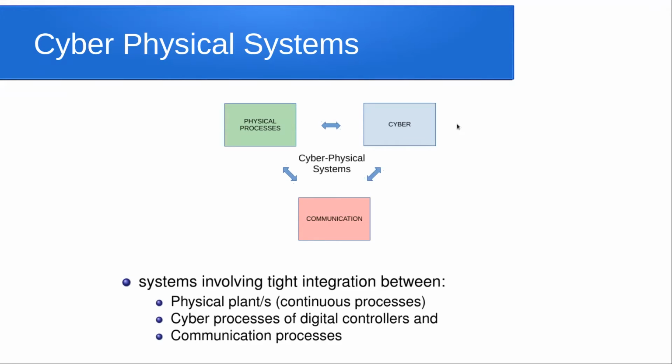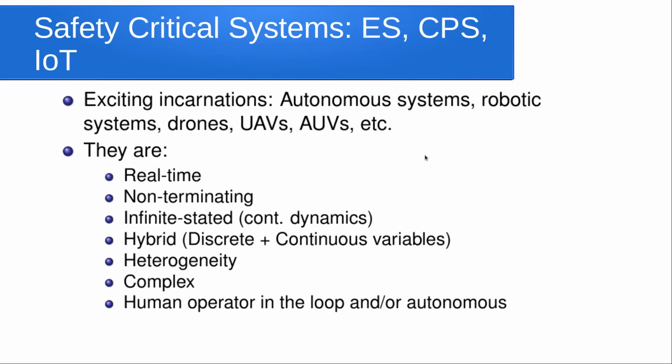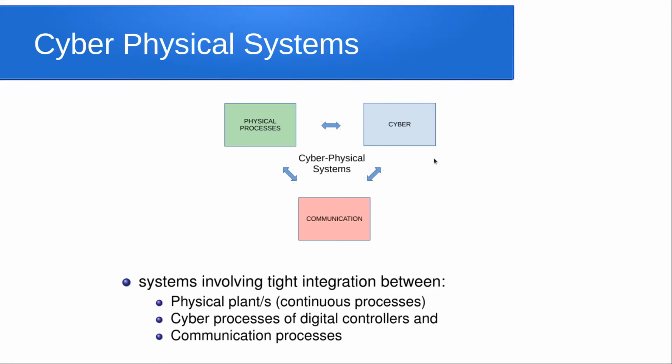So a cyber physical system generally has physical processes corresponding to the plant as well as physical consumption of energy resources by the processor, which is the digital part. And then there are cyber parts corresponding to the digital processor and digital processes, including the program, which is also a discrete system. Then you have a third component, which is communication, right?